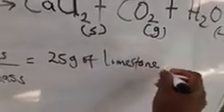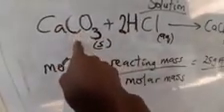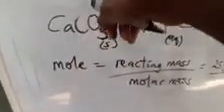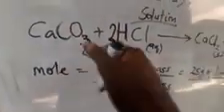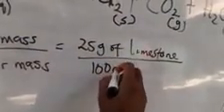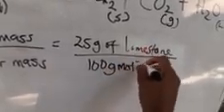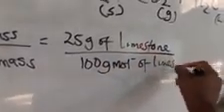And the molar mass of limestone can be gotten by adding the masses of the individual elements. So calcium is 40 plus carbon 12, which is 52, plus oxygen is 3 here, so 16 times 3 is 48. When you add that, you get 100 grams per mole of limestone.